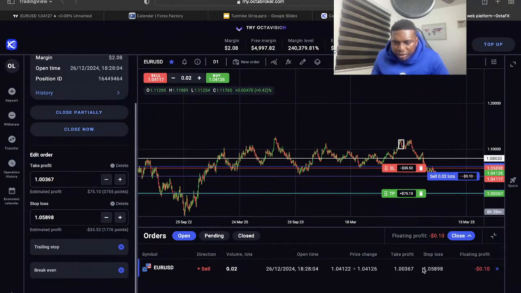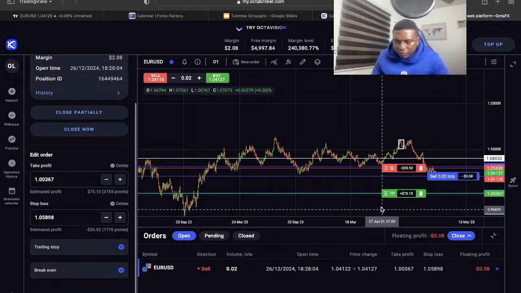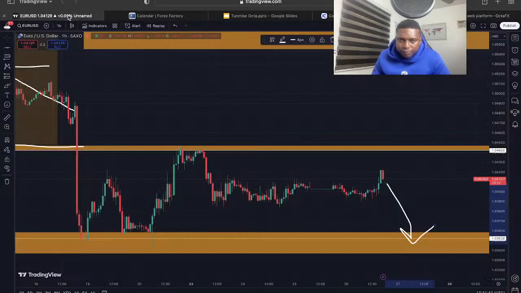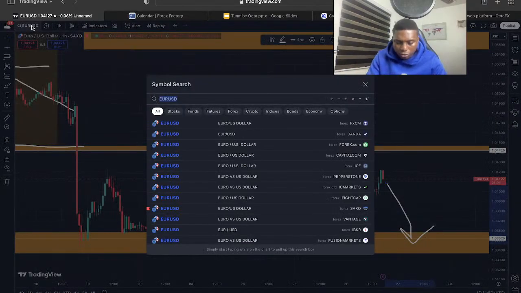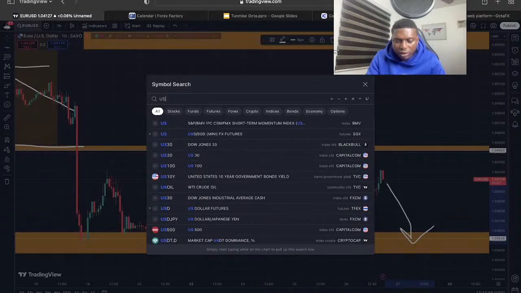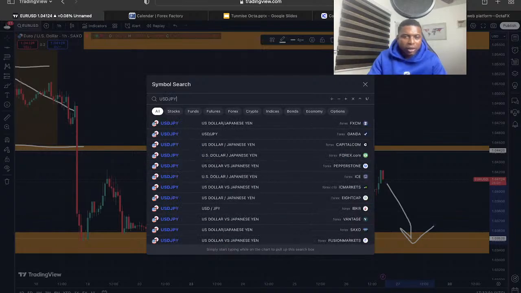So the TP is at 1.00367. All right. So I'm not getting any feedback on what currency pair you want us to trade. However, I will just proceed to USD JPY.